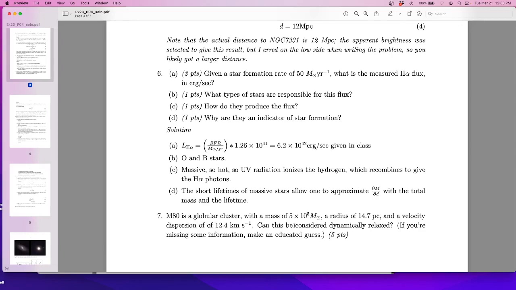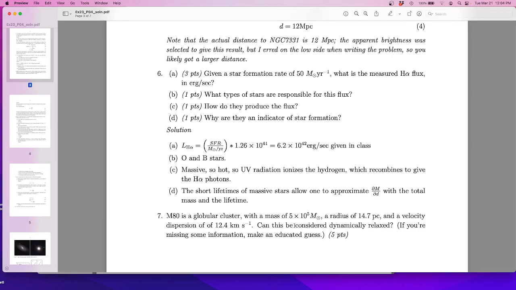The answer is actually a little bit more complicated than just yes or no. The answer is yes, but it didn't do it that way. We talked about 2 things. The virial theorem says that sigma squared equals GM over r.